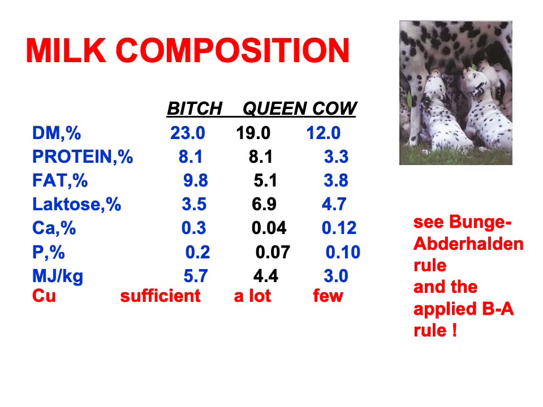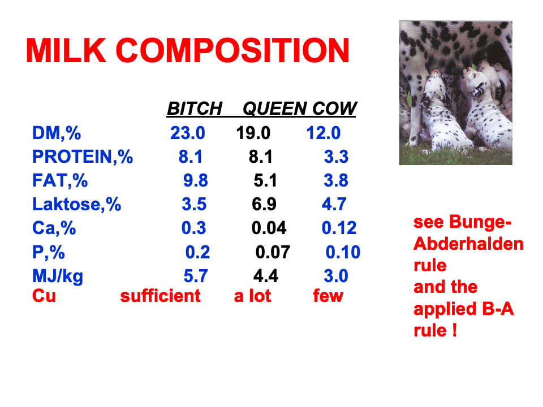What we have to recall is the milk composition of dog, cat, and cattle, and maybe goat. But first we have to see the Bunge-Abderhalden rule.